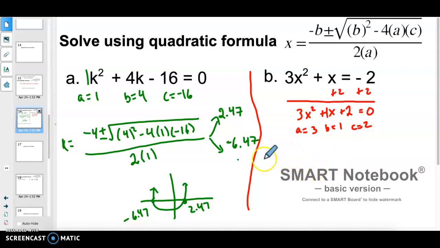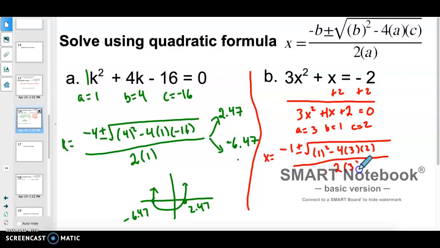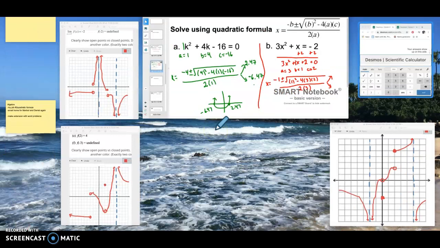In that formula, the variable this time is x, so it'll be x equals negative b, so negative 1, plus or minus the square root of b squared, so 1 squared minus 4 times a times c, all over 2a. We're going to get 2 answers again, probably. We actually may get 1 answer, we may get no solution. You never know. Let's try typing it in.